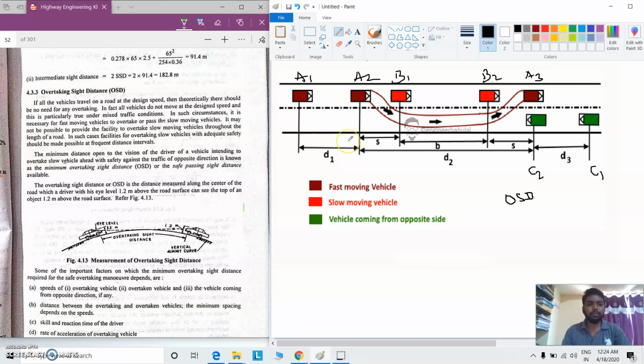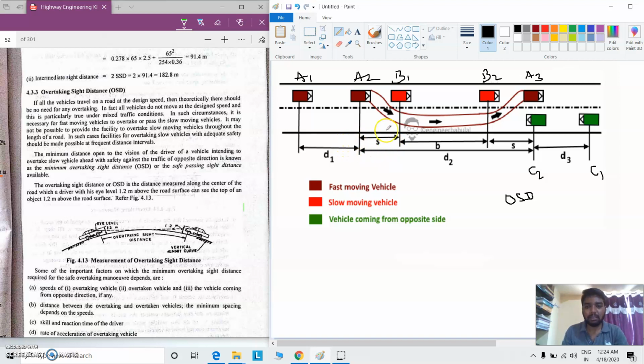In fact, all vehicles do not move at the design speed, and this is particularly true under mixed traffic conditions. In those circumstances, it is necessary to allow fast moving vehicles to overtake slow moving vehicles.